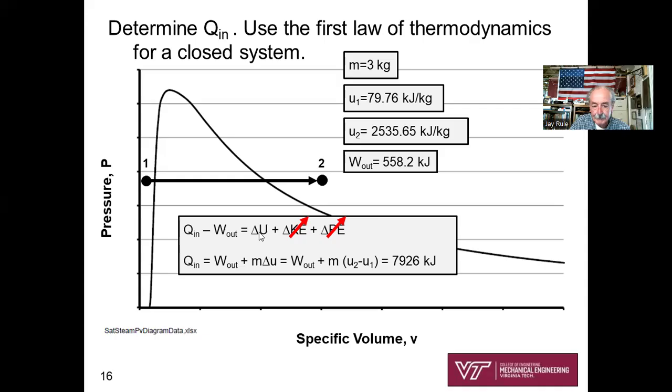Let's see, delta capital U, that is M times delta little u. And we looked ahead and we determined U2 and U1 in our table lookup work, the mass we have, the work out we just determined. So plug and chug, the heat added is 7926 kilojoules.